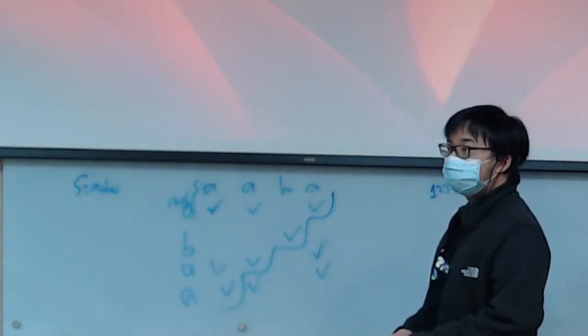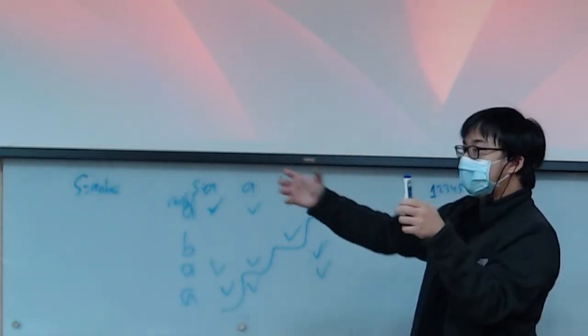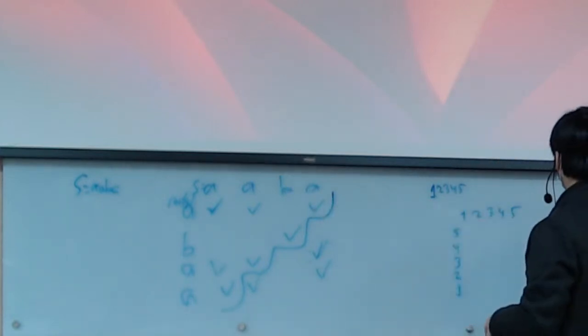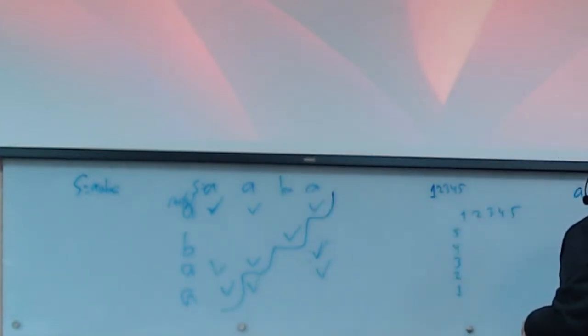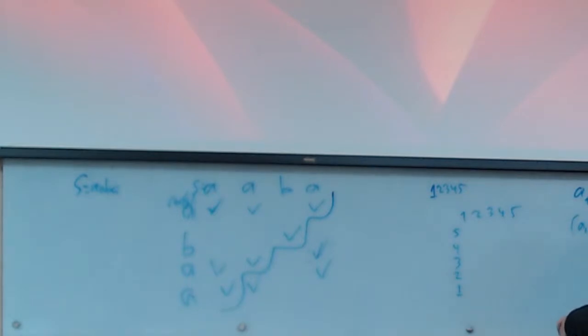Let's say you have a palindromic subsequence, A1, A2, A3, A4, A5. So this is the A1 character, and this is the A5 character. You take the A1, A5 position in this cell, and then A2, A4, and then A3, A3.